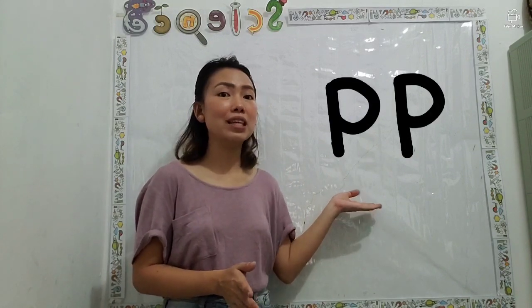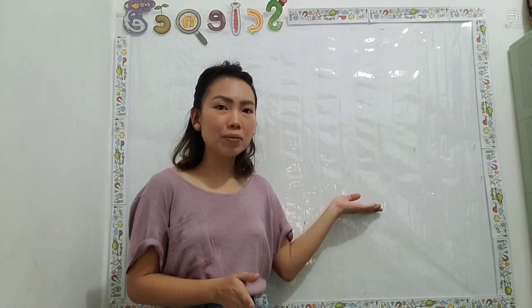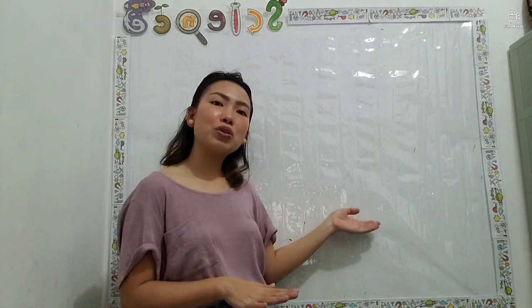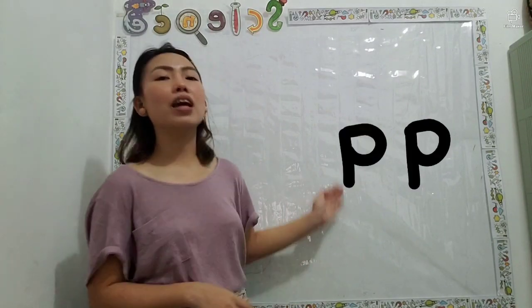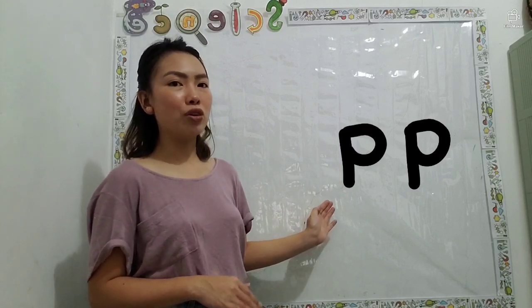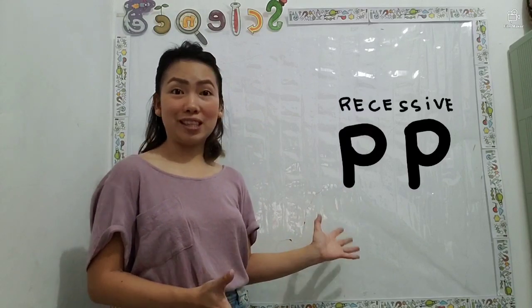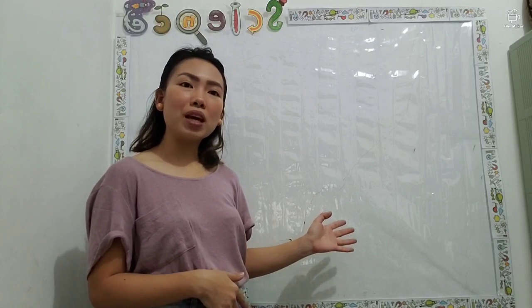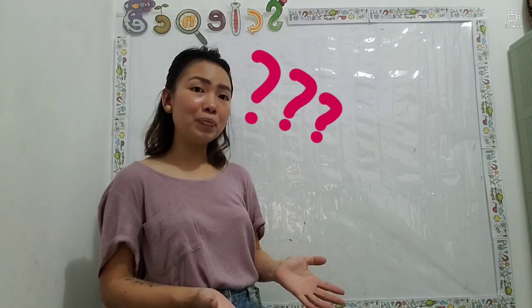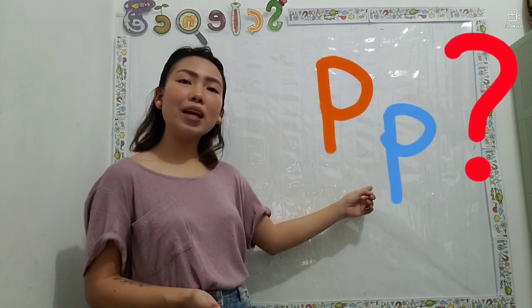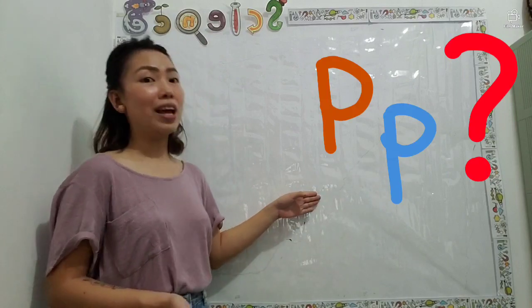Capital letter P and the other one is a capital letter P, and that's the dominant. Then, on the recessive trait, we make use of a small letter P and another small letter P, which represents another recessive.